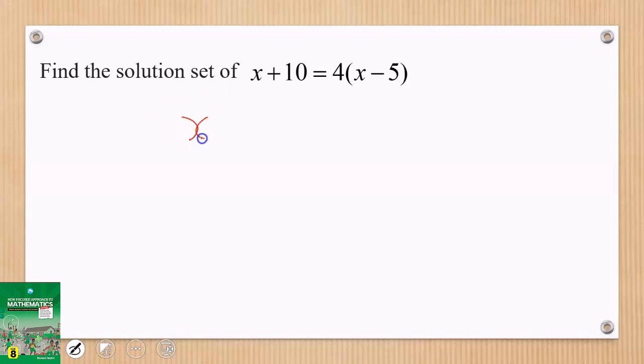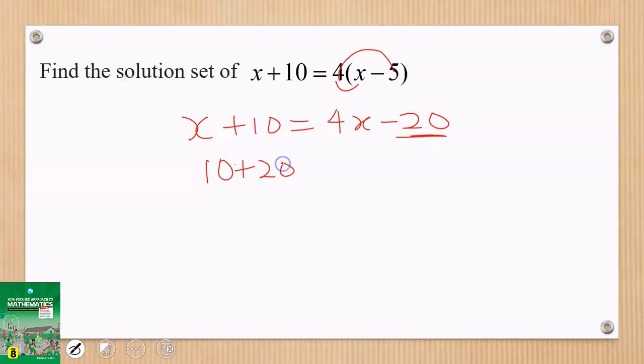And so what we can do first is to expand the bracket here, which we have 4x, that is 4 times this, and 4 times that will give us minus 20. The next thing is to group like terms. So I have 10 here. I can move this 20 to become plus 10, also plus 20. I have my 4x.